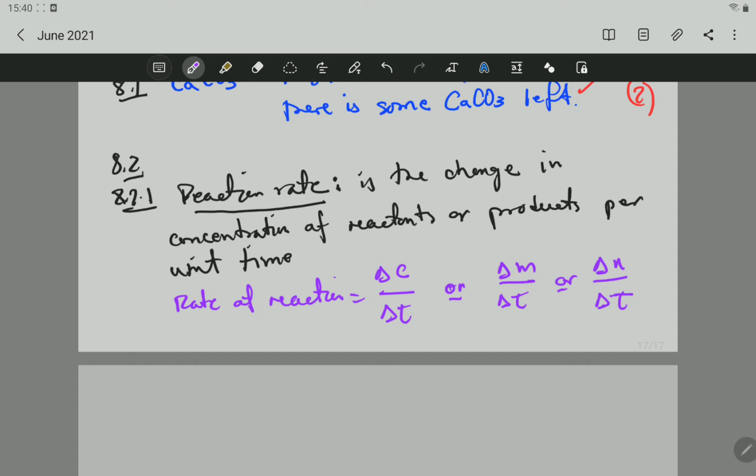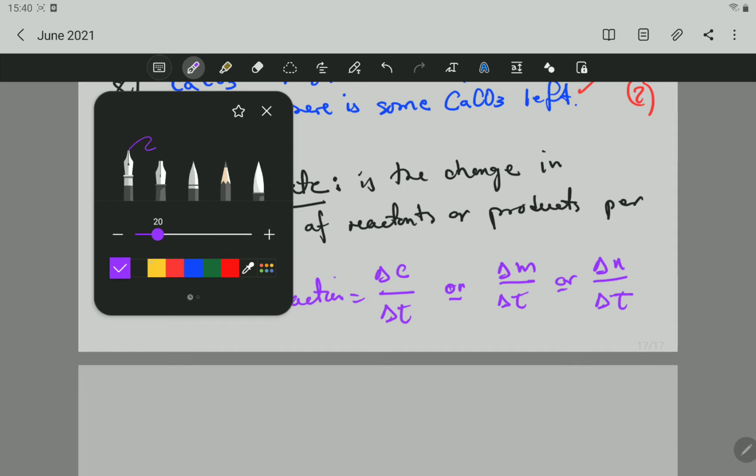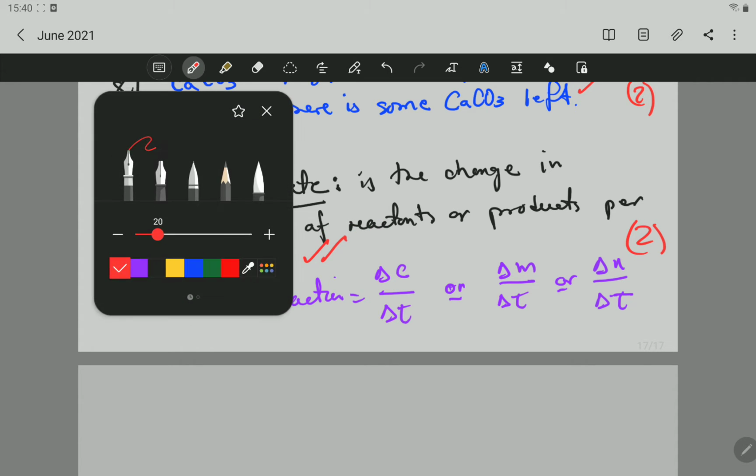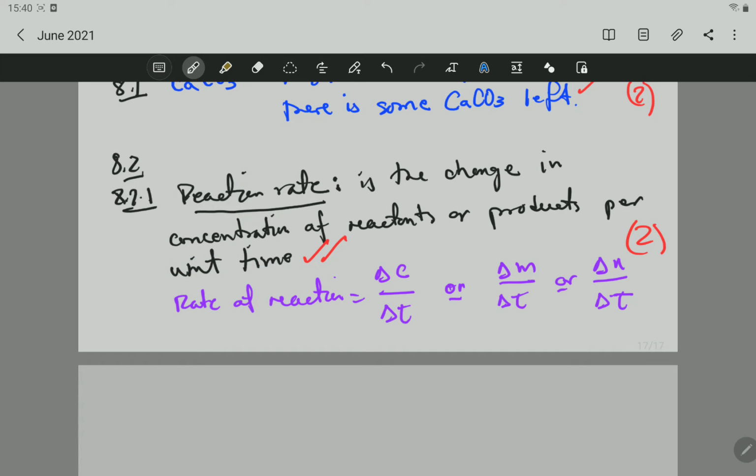So any of those could be used to calculate the rate of the reaction. We're going to use the definition. It's the change in concentration of reactant or product per unit time. All right. So here is 2 marks for this definition.